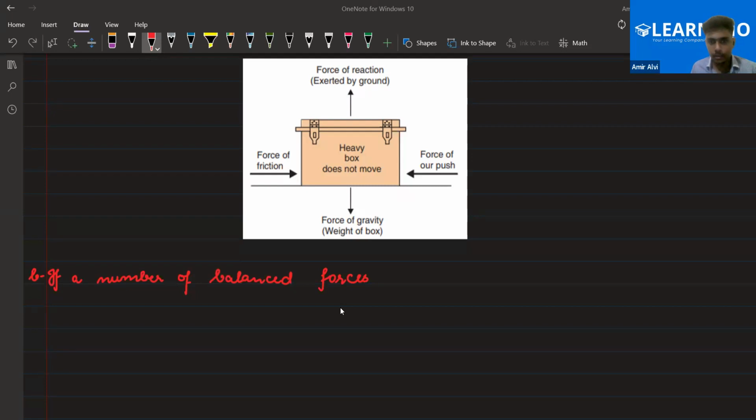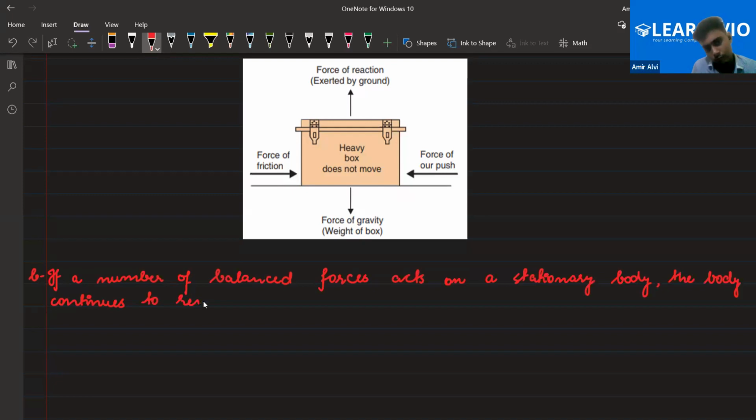So if a number of balanced forces act on a stationary body, the body continues to remain in its stationary position.